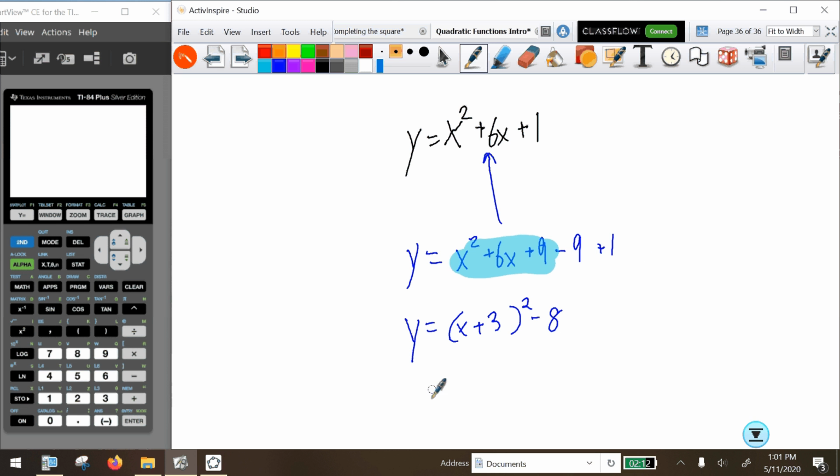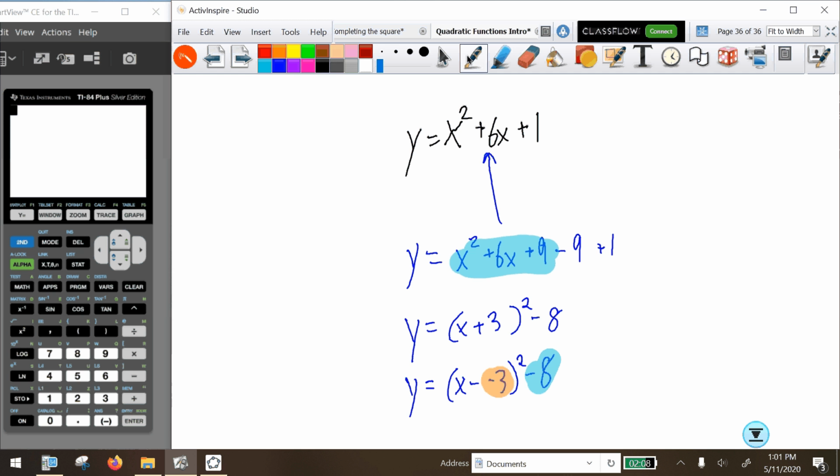So now, if you'd like, you can rewrite that x plus 3 as x minus a negative 3 to help you better identify the vertex. The vertex of this parabola is negative 3, comma, negative 8.